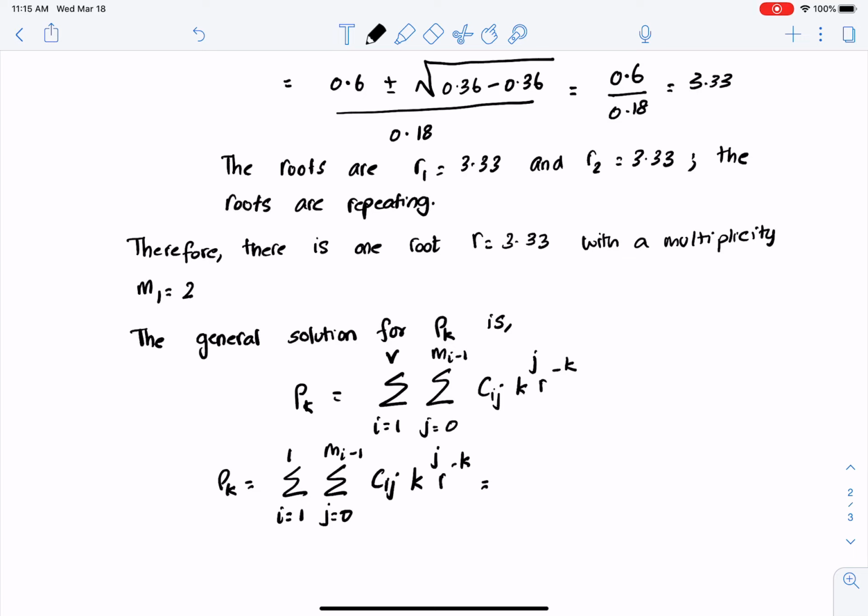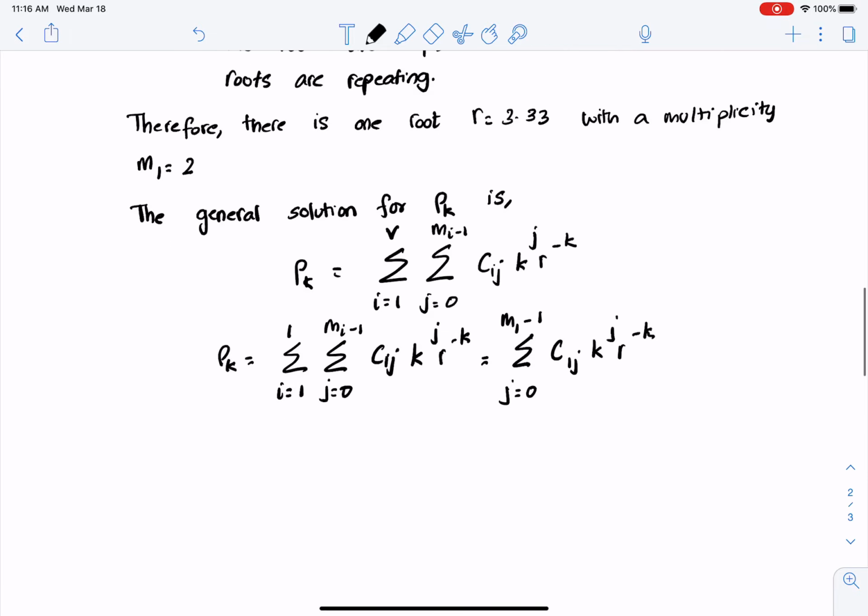If we plug in the value of i, we'd end up getting the sum over j equals 0 to m1 minus 1, of c1j, k raised j, and r raised minus k. m1 is the multiplicity of the root, and the multiplicity happens to be 2.